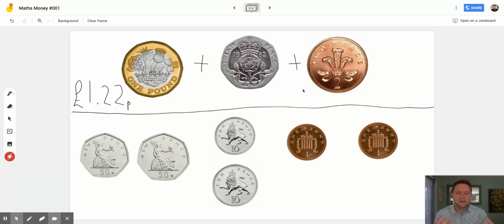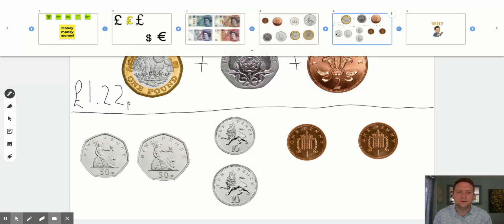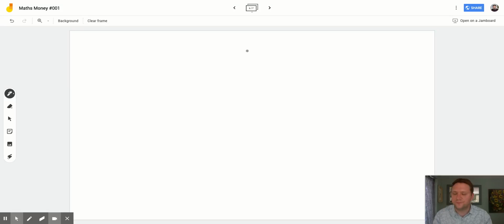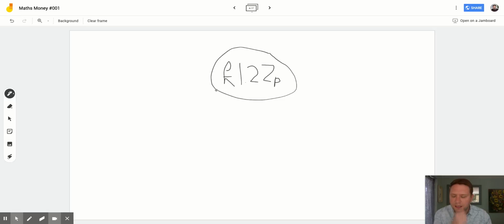So if that was, say, a part and whole model, I'd have the same whole. Let's try and draw that for you. Part and whole model. Let's go with a new one here. Give us enough room. Okay, so if I was going to do a part and whole model, I have my whole up here, which is the £1 22 pence as my whole. I've then got different parts to that whole.